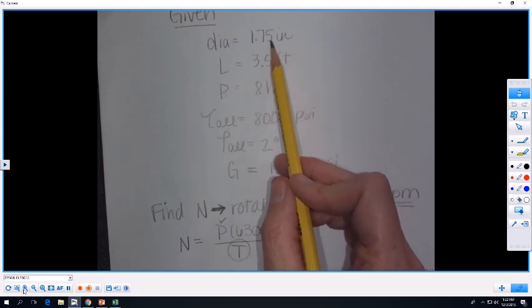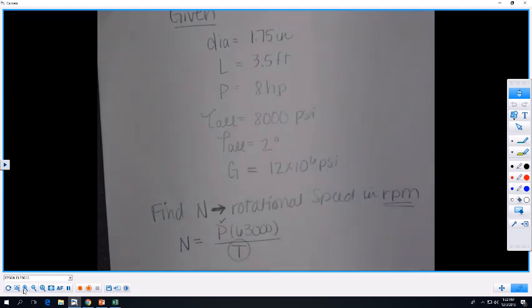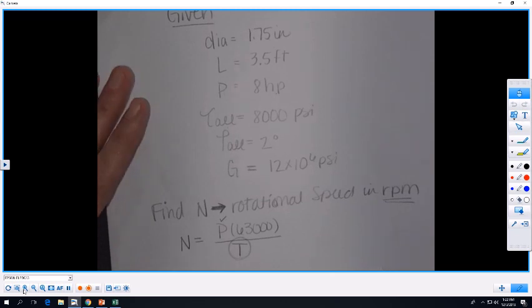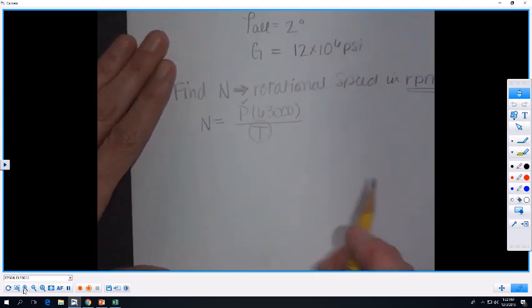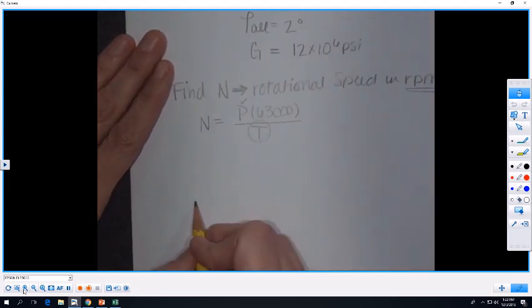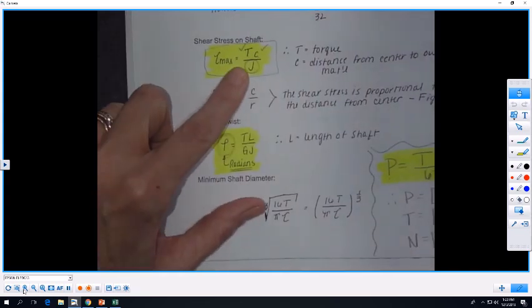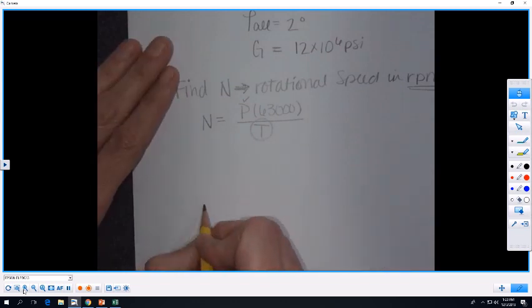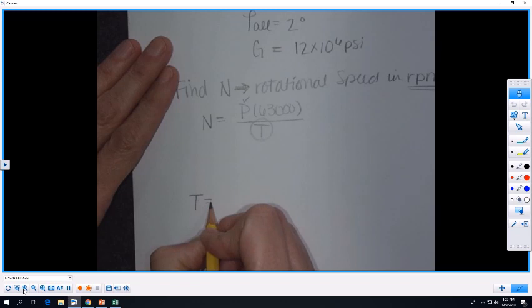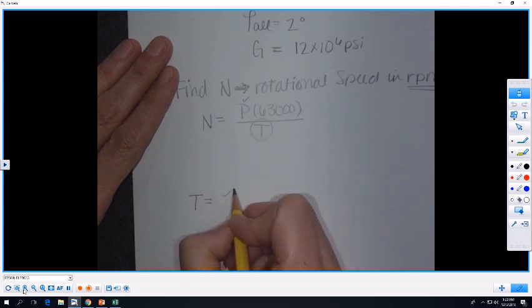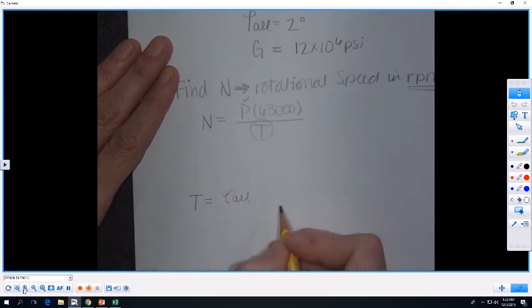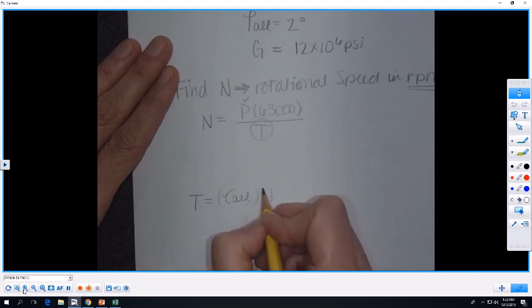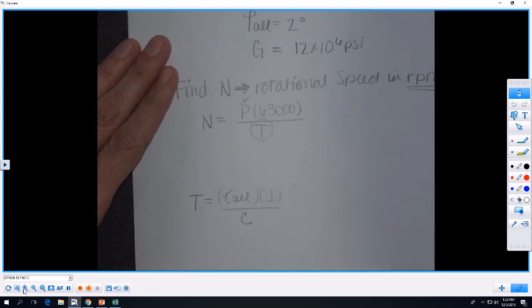And based on that diameter, we can also calculate the J, okay? So I'm going to leave a little bit of space here, and we're going to take that equation and solve it for torque. Torque is going to be equal to tau allowable times J divided by C, okay?